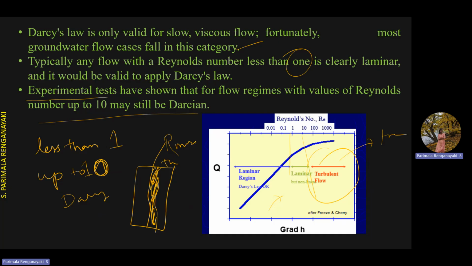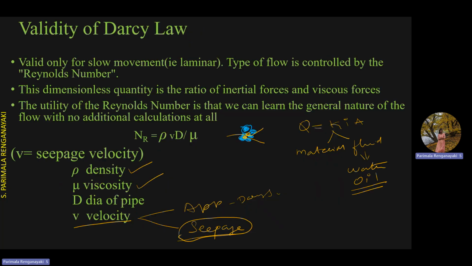But up to 10 also it is still Darcian, but it is transition. Maybe sand and then fractures with the pores, then it may go to transition flow, but only fracture, it will go to turbulent flow.